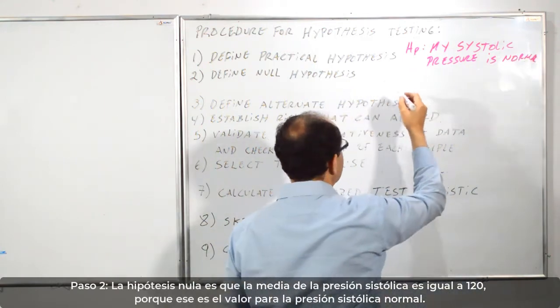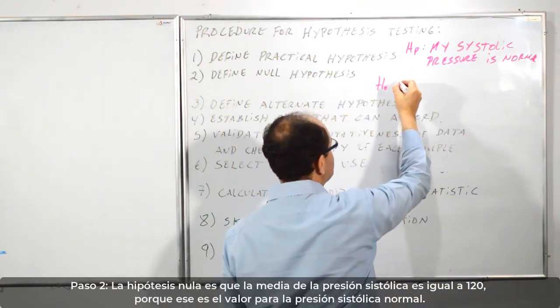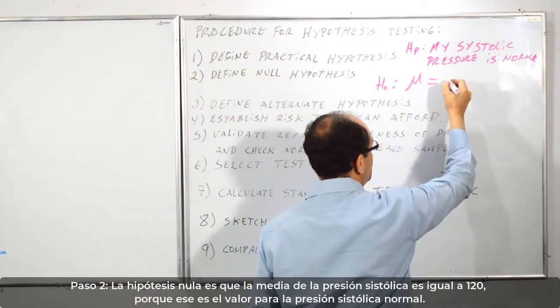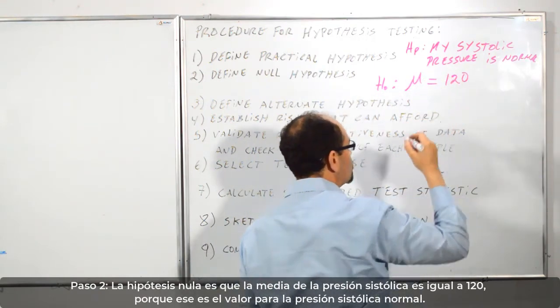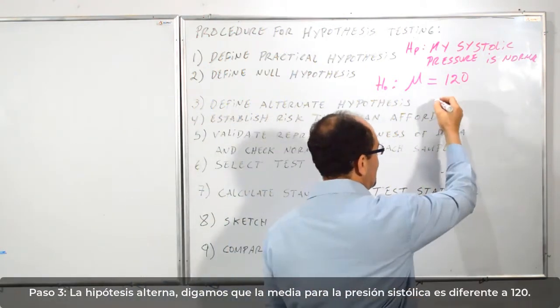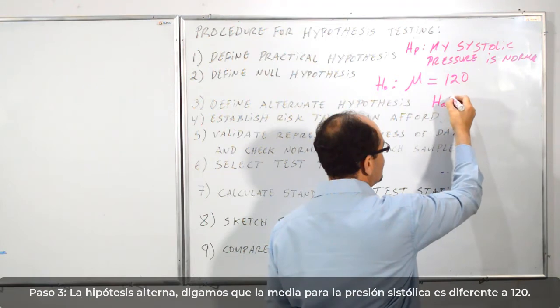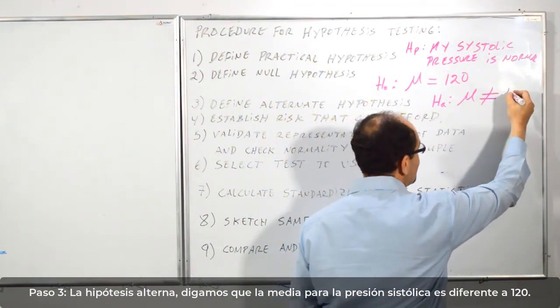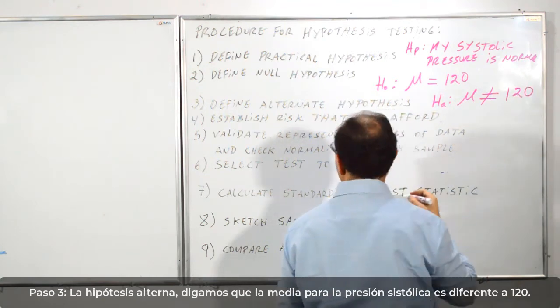The null hypothesis is that the mean of the systolic pressure is equal to 120, because that is the normal value. The alternate hypothesis is that the mean for the systolic pressure is different than 120.